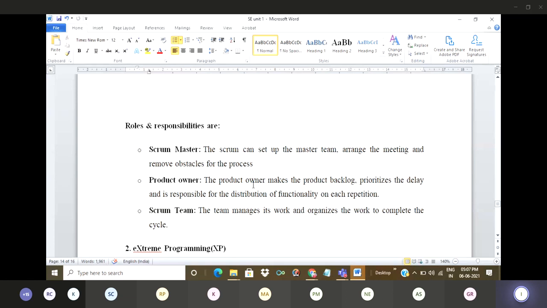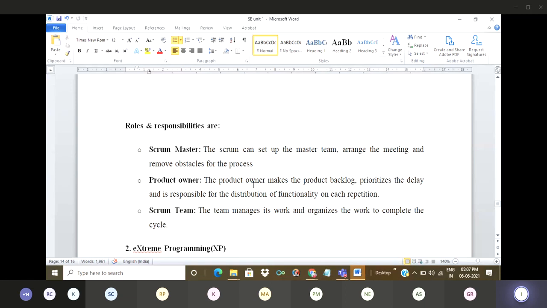Next is build projects around motivated individuals, give them the environment and support they need, and trust them to get the job done. Sixth is the most efficient and effective method of conveying information to and within a development team is face-to-face conversation. Seven is working software is the primary measure of progress.